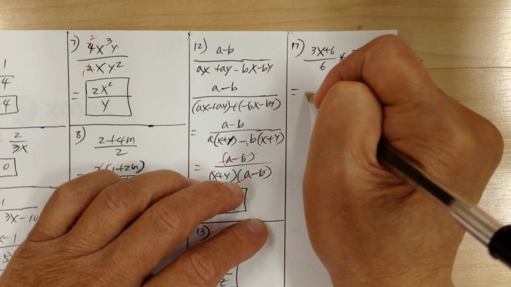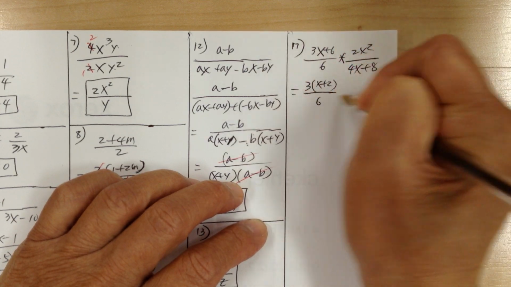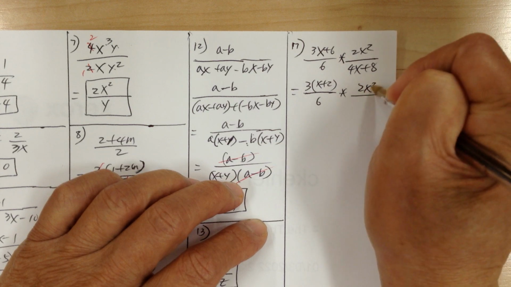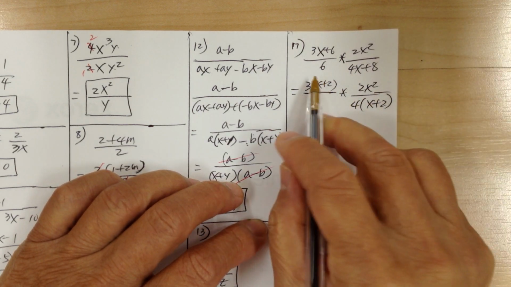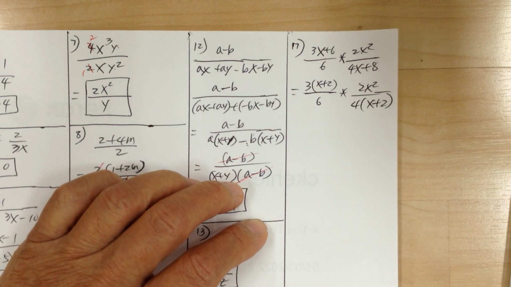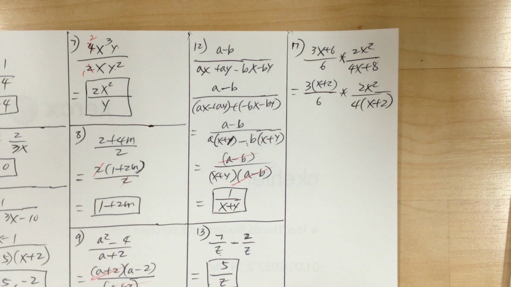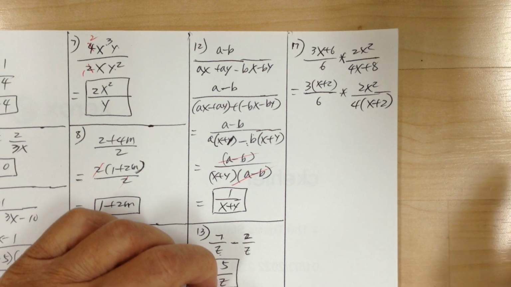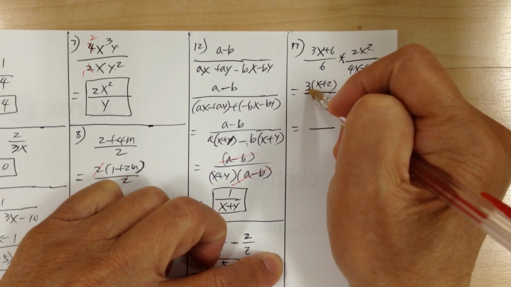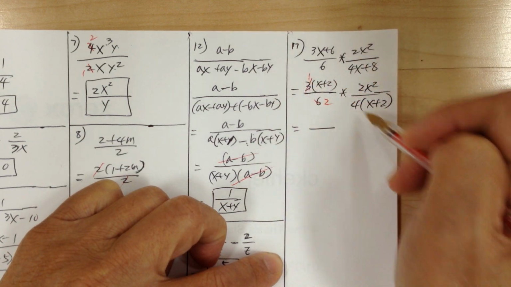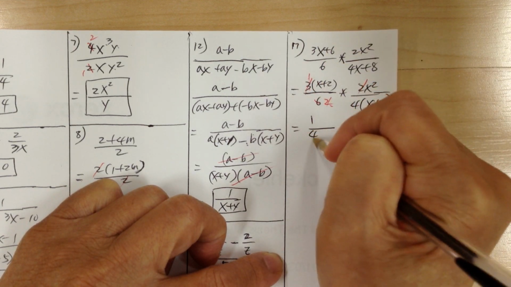On the top you can factor the 3, so it'd be x plus 2. On the bottom you can factor the 4, so it'd be x plus 2. Then you can try to cancel things out. So 3 and 6 cancel into 1 and 2, and the 2 and 2 cancel out. So you're going to get 1 over 4.